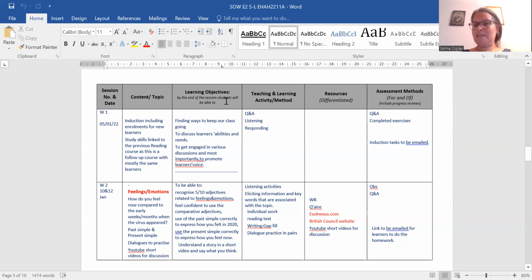The learning objectives. Do you remember the aims and the outcomes? By the end of the lesson, by the end of the session, students will be able to what? Finding ways to keep our class going, to discuss learners' abilities and needs.